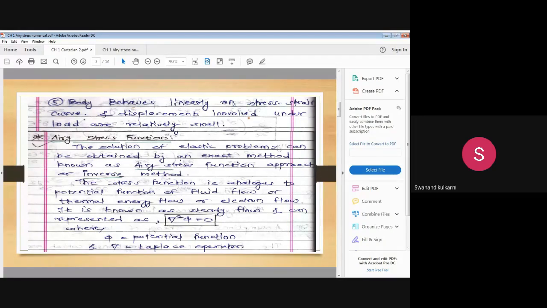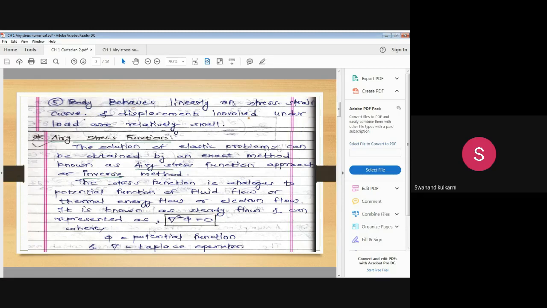Regarding this Airy stress function, the solution of elastic problems can be obtained by an exact method. Airy stress function is considered to be the exact method or the inverse method. The stress function is analogous to the potential function of fluid flow or thermal energy flow.